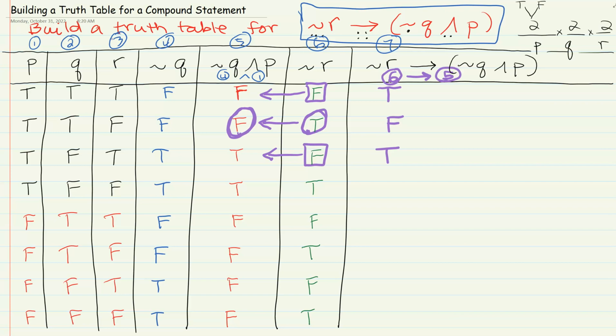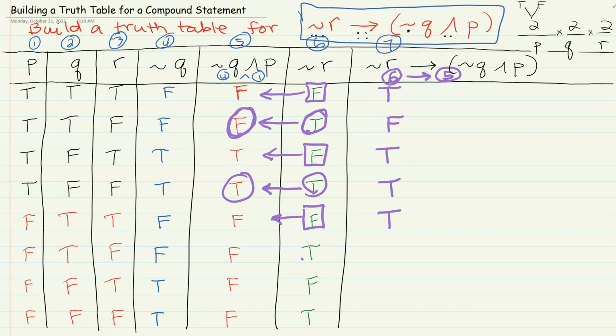Otherwise, it will be true. When you see a true statement to start with, you look across. If it is also true, then your statement is true. But as soon as you see false to start with, meaning your hypothesis did not happen, it doesn't matter what the other side is, your statement will still be true.